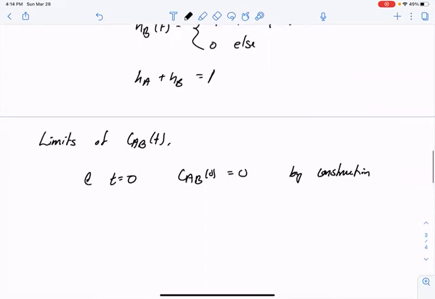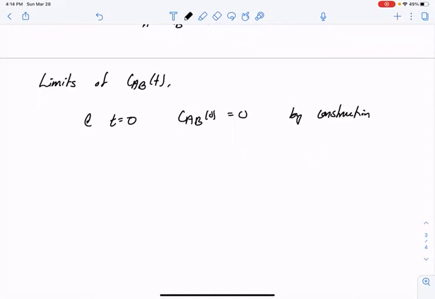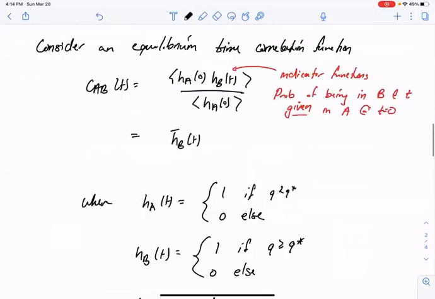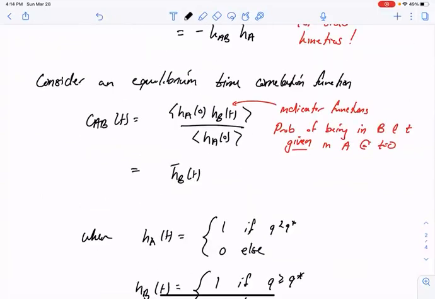All right, what about the long time limit? So as usual, if we assume that the system has a finite correlation time, if in long times the system forgets about its initial condition, I can average h_A at 0 independently of h_B at t.